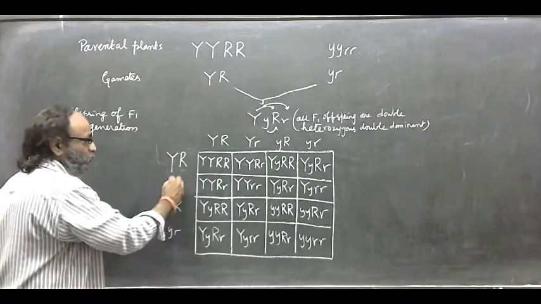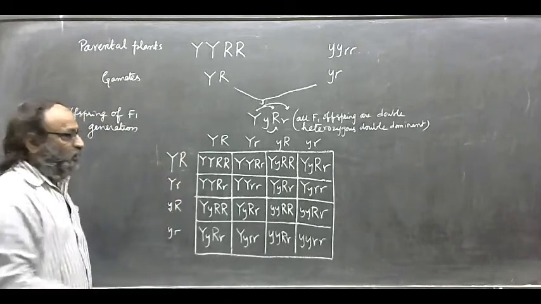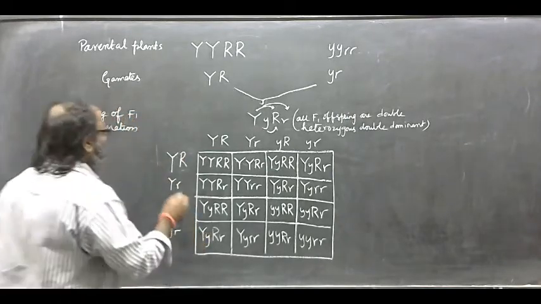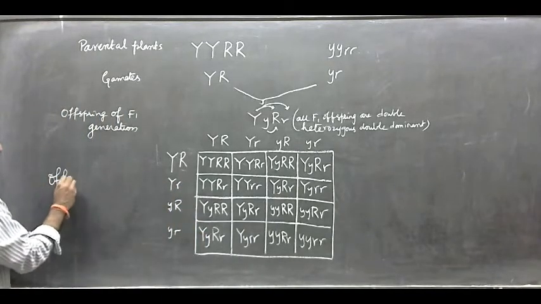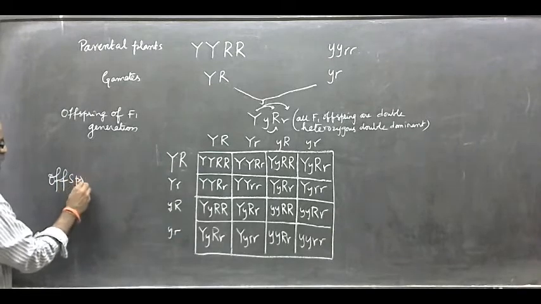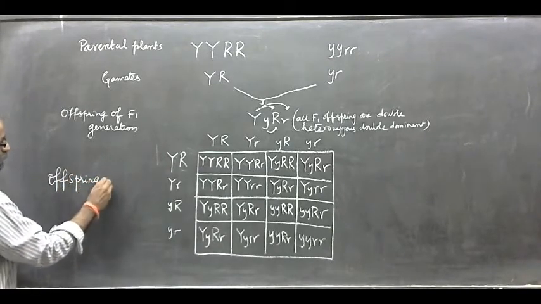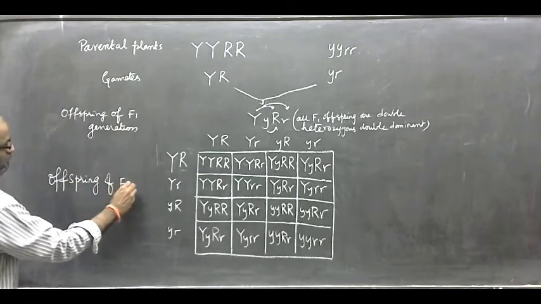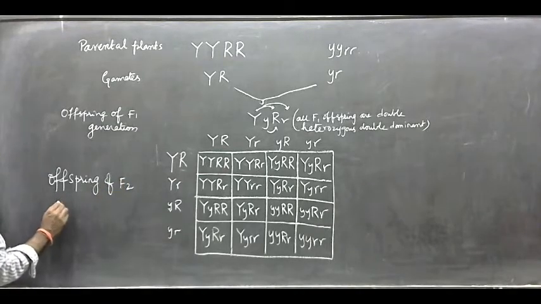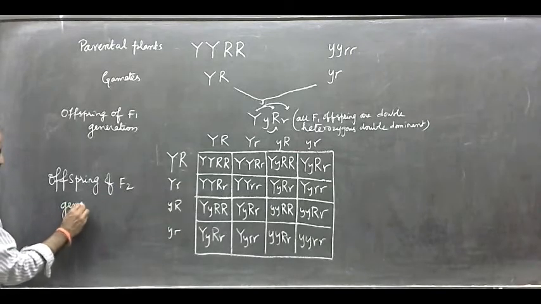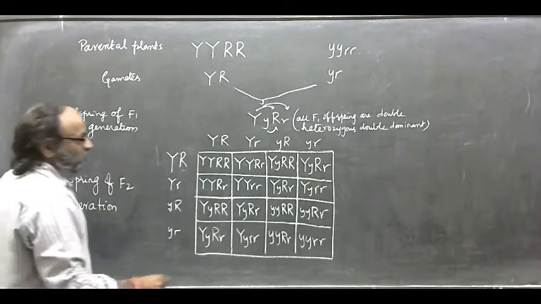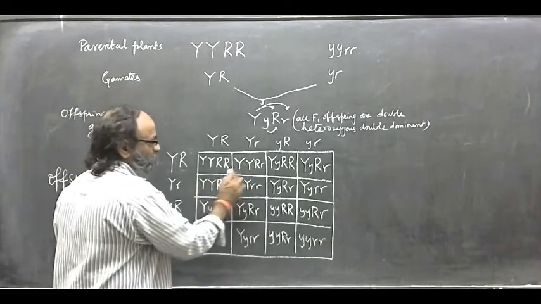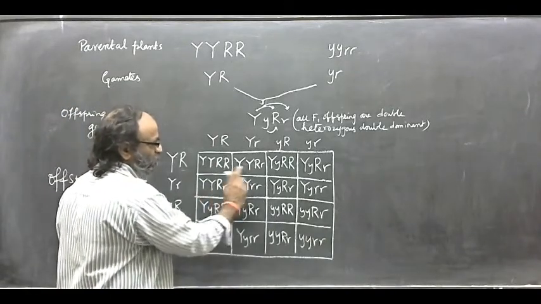And gametic union takes place and results in 16 offspring of F2 generation, the second filial generation.